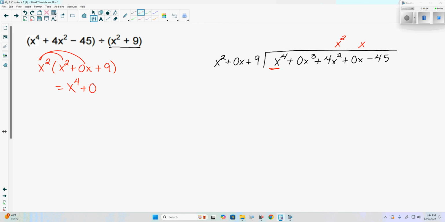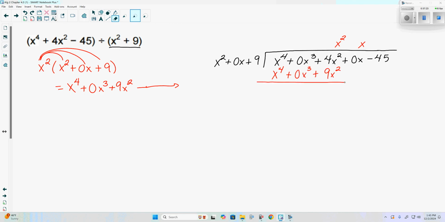Our x times x squared would be x cubed. We still need it more as a placeholder than anything else, so we can match up our like terms. And our last thing is x squared times 9, which is plus 9x squared. And we'll put it under their matching terms: x to the fourth plus 0x cubed plus 9x squared.